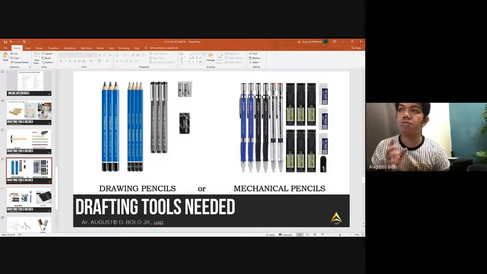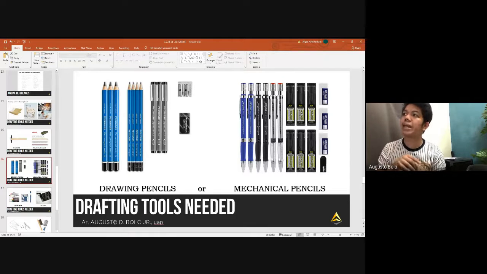Ang importante sa akin, if you use the conventional drawing pencil, please have the HB and one lighter point, like 2H or 4H. Sa darker shade, at least one, halimbawa 4B or 2B kung meron. Pero kung meron ka lahat, kasi magagamit mo naman siya sa visualization, graphics, visual techniques, you can have it.